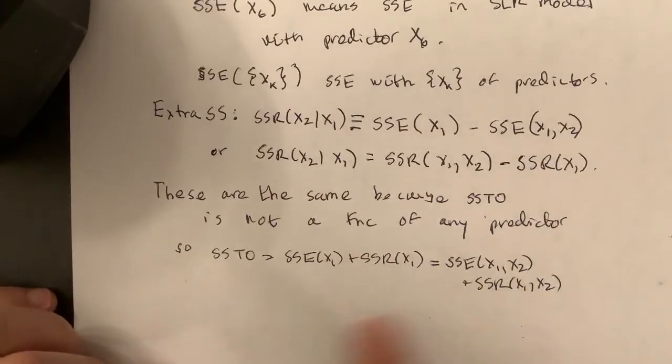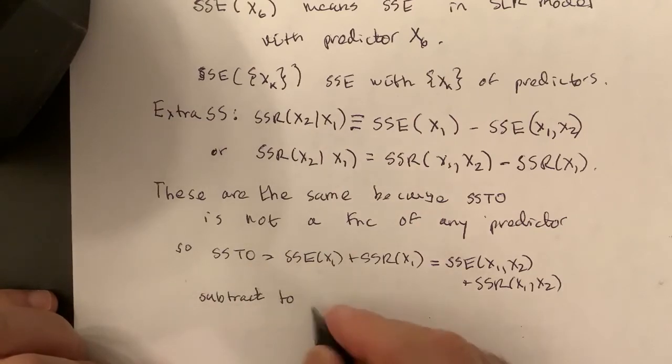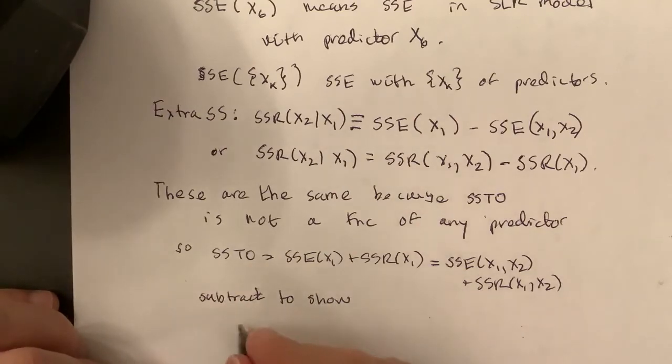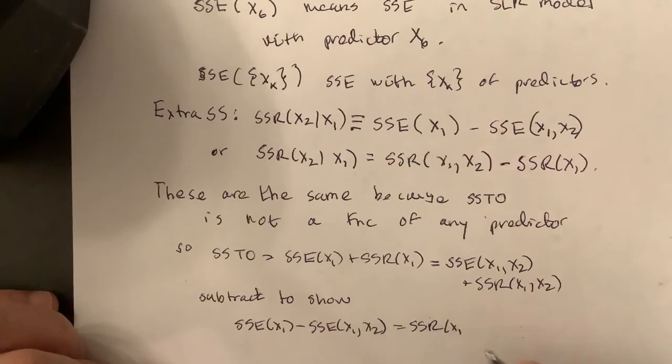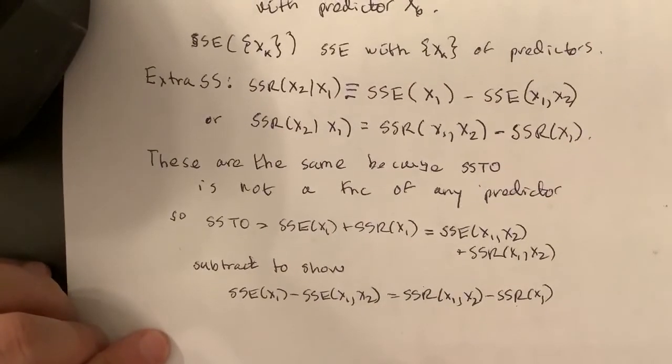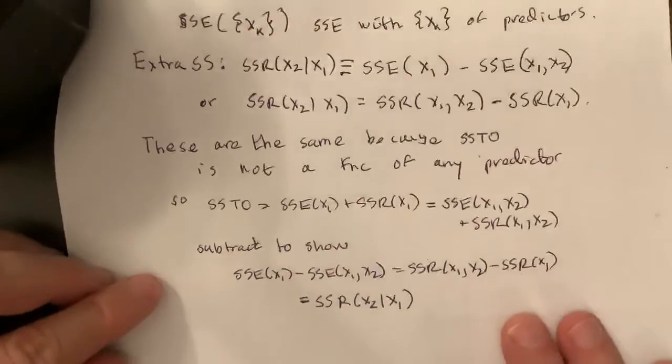I can now subtract to show SSE x1 minus SSE x1 x2 must be equal to SSR x1 x2 minus SSR x1. And whether I write it one way or another, this will be called the extra sum of squares, or the marginal sum of squares of x2 given x1. Notice the order does matter here.